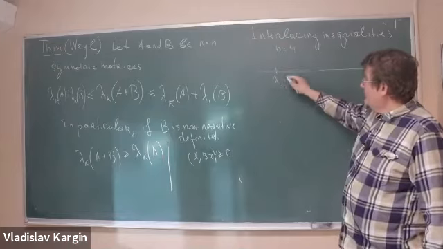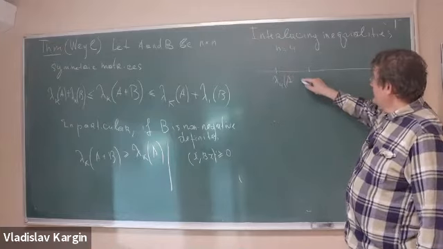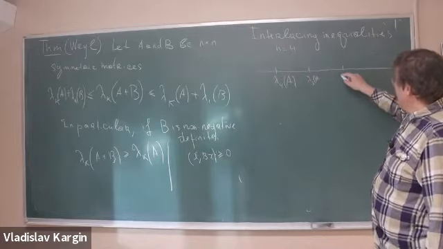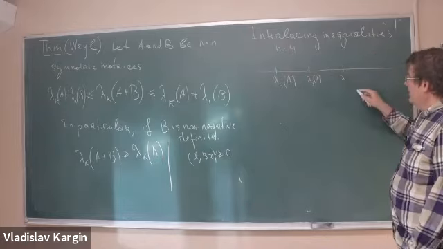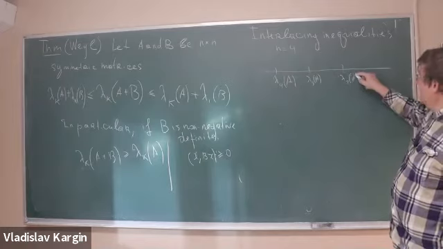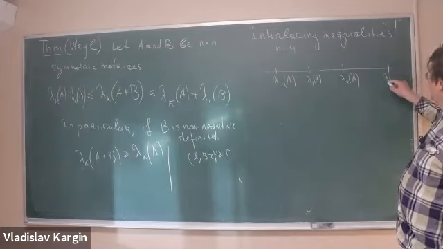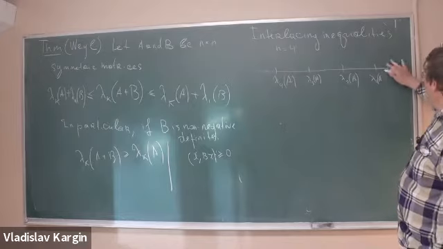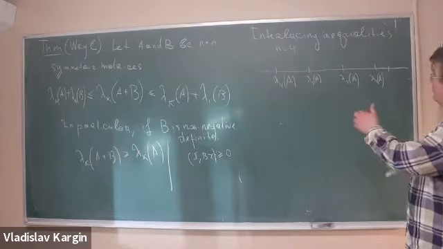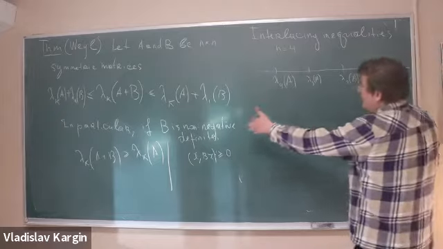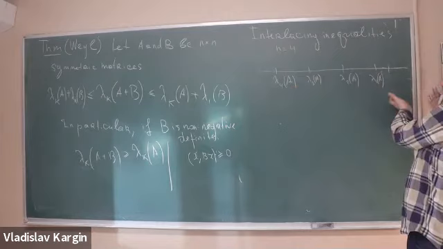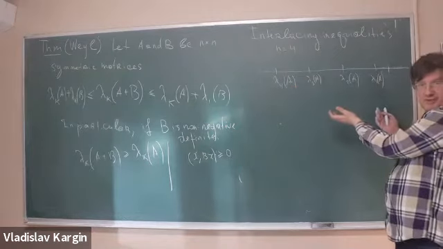So this is lambda 4 of A, this is lambda 3 of A, this is lambda 2 of A, and this is lambda 1 of A. Right? Now what this theorem says is that if you add B, then all these eigenvalues move to the right, they will increase.